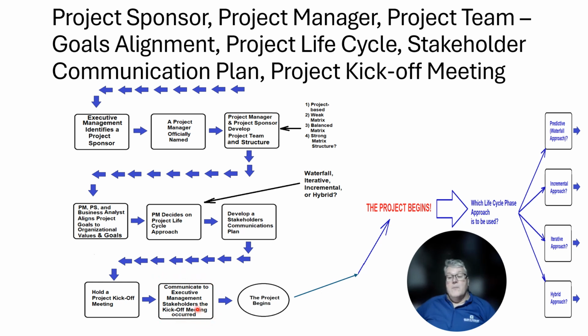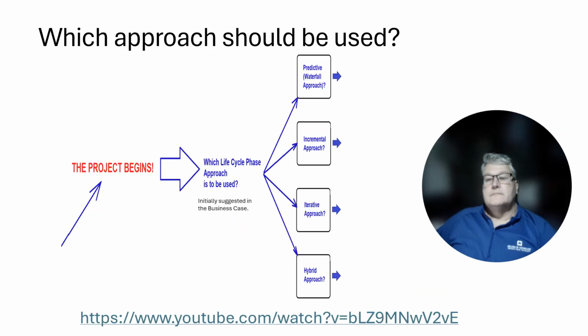With that said, the project begins, and with the project you're either going to identify as having a predictive waterfall approach, an incremental, iterative, or some type of hybrid, including all three of the above, as the approach that's going to be used for this project. Here we're looking at an exploded version of what I was talking about before, and this link does a very good job explaining the differences in these approaches, so I highly recommend reviewing it.